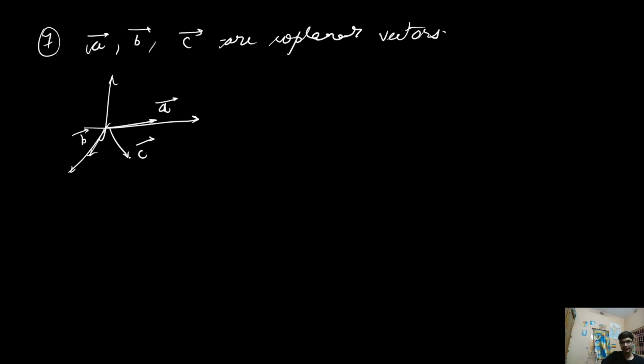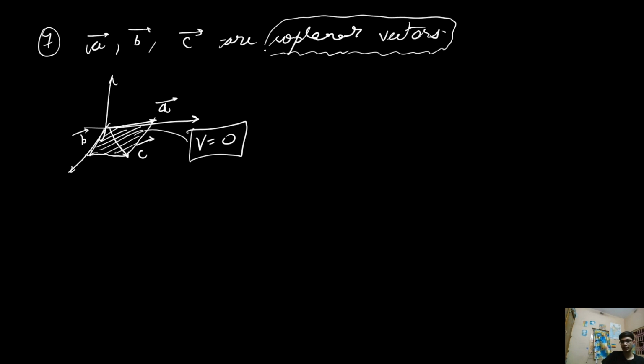Since C also lies in the same plane as A and B, the height of the parallelepiped will be 0. So the volume of this parallelepiped will be equal to 0. So from here you get a very important condition that you will use to solve many questions in the upcoming results.